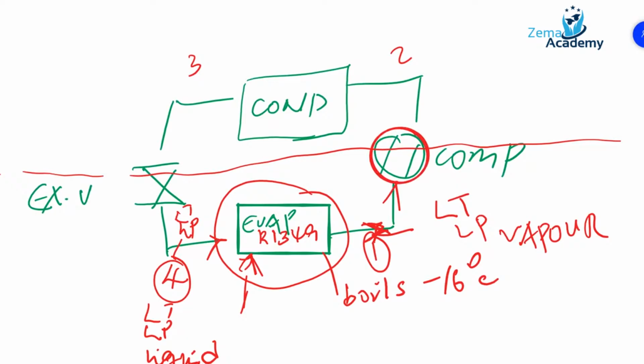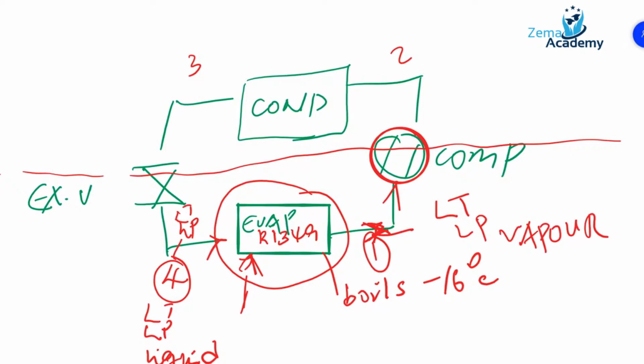The primary function of any compressor: at point 1 we have vapor, but that vapor is at a very low temperature and low pressure.